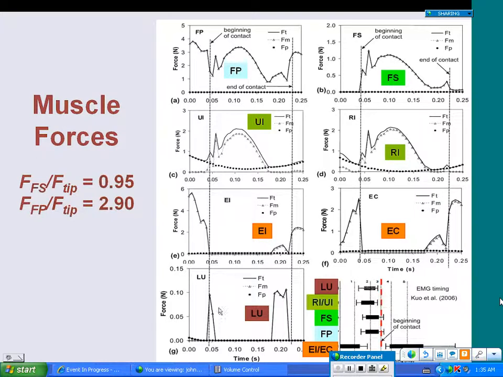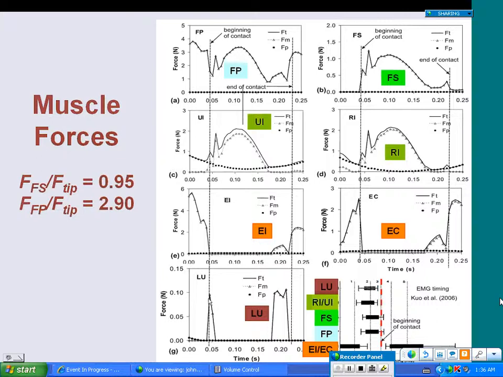According to our simulation, this muscle should carry force before and after the activation. However, in EMG measurements, they are activated at the same time as this small muscle. But however, you look at the magnitude of this LU muscle, it is actually very small compared to other muscles.